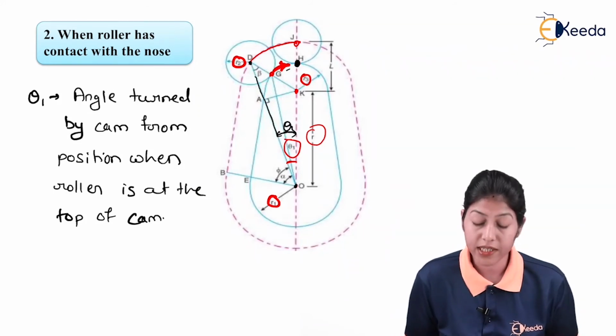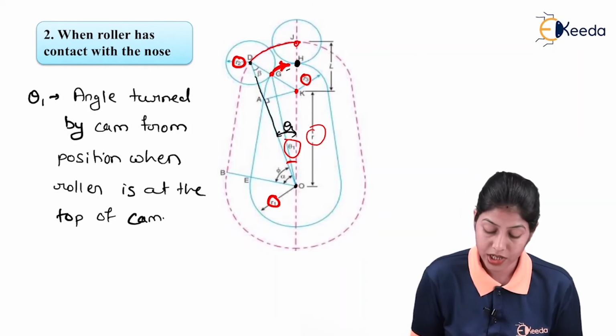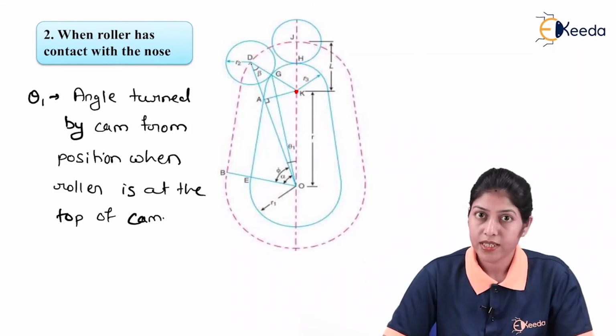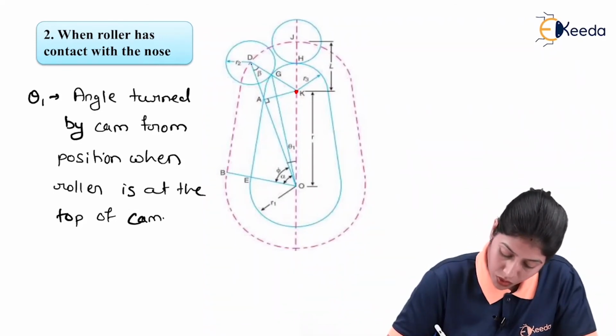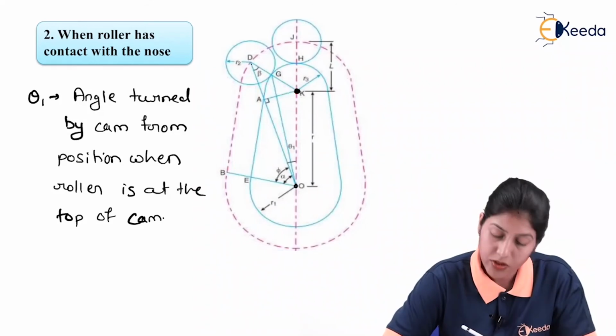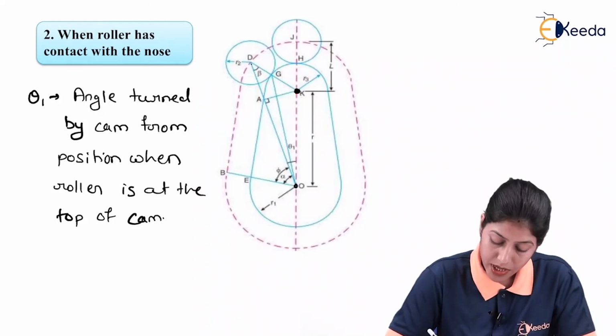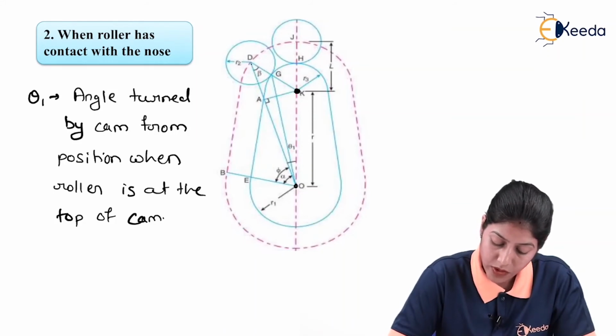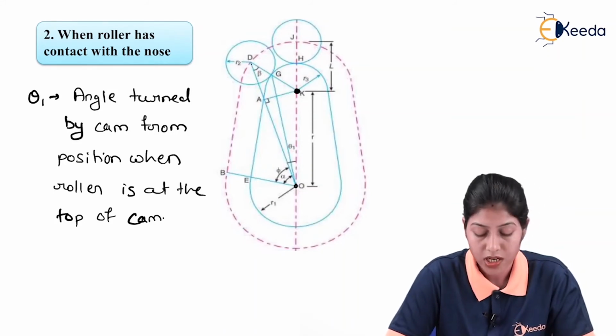So let's define the displacement, velocity and acceleration equations for this particular condition. Now as you can see in this diagram, O is the center of the base circle, K is the center of the nose circle, R1 is the radius of the base circle, R2 is the radius of the follower, and R3 is the radius of the nose circle.